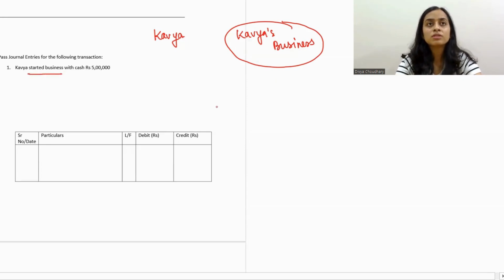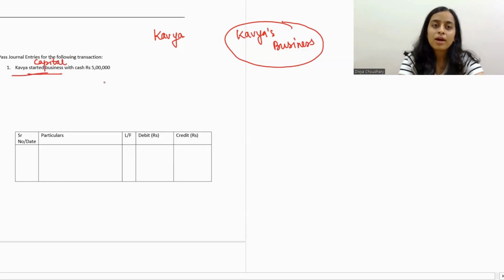Okay, let's start. Kavya started business with cash rupees 5 lakh. Started business means she's bringing money from her home into the business. What do we call anything that comes from home into the business? We call it capital. So this is Kavya's capital. And the other item is cash. Cash is a real account.